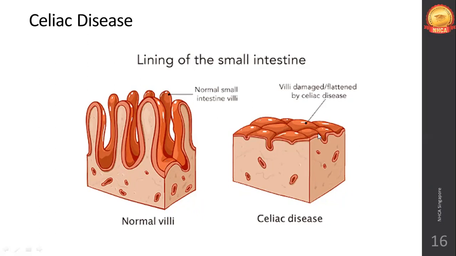It's an immune mediated intolerance disease, and it has this intolerance towards dietary gluten. So gluten is a protein, which is found in wheat, barley, rye, and in very less amount it's found in oats. Oats does not have too much gluten in it. It has very few amount of gluten.